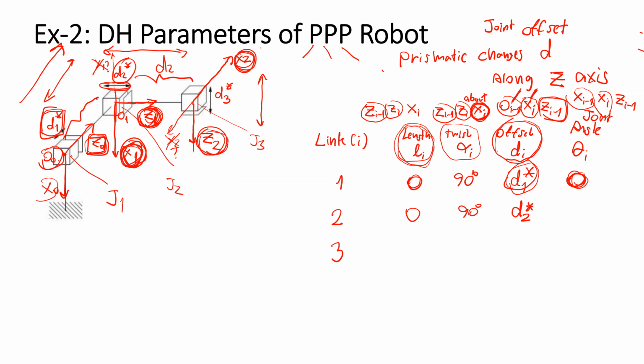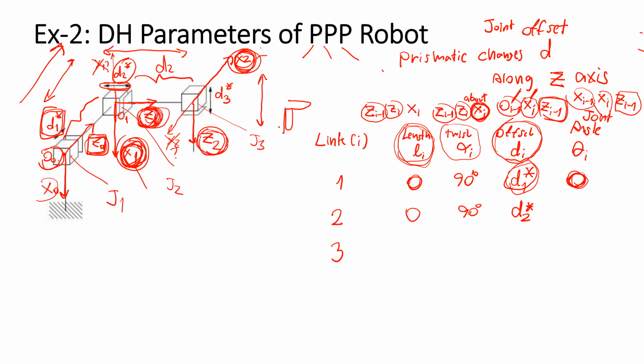And the angle, the joint angle, is the angle difference between X1 and X2. X1 and X2 measured about C1. So your thumb needs to be in the direction of C1.